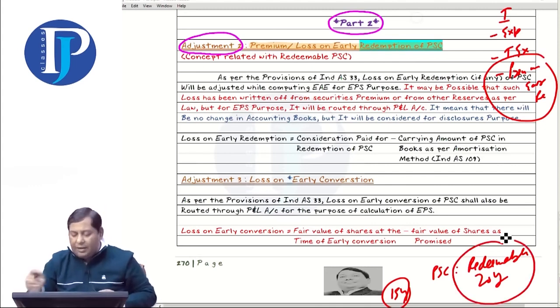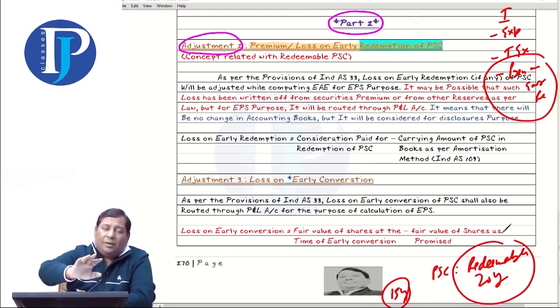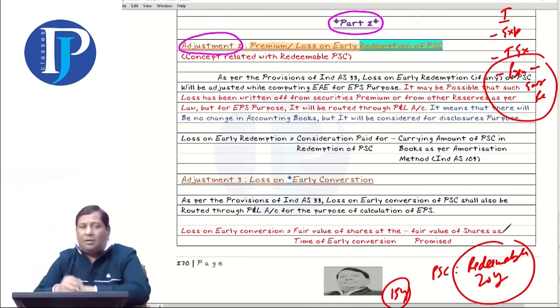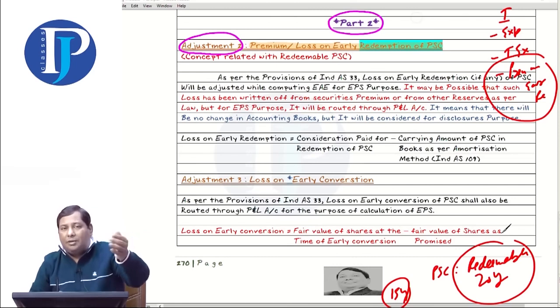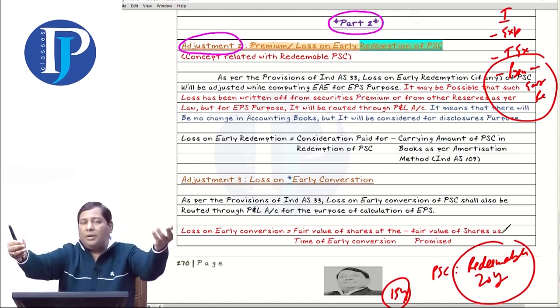When we consider this preference share capital under Ind AS 109 as a financial liability, we must have applied the amortization method on it. Then what will we be doing? We will be making a PSC account. Then the interest would be due from IRR and market rates, and we would be paying at the actual rate. The carrying amount changes every year because the interest due is at a different rate and it's being paid at a coupon rate.